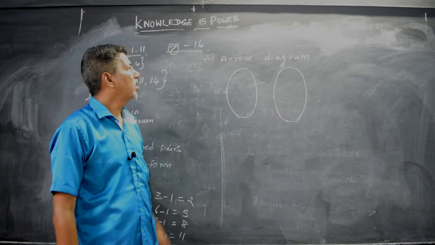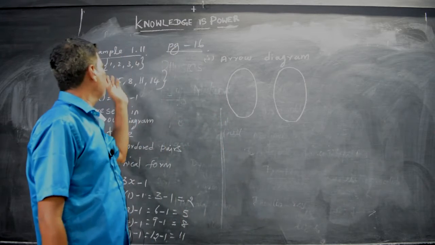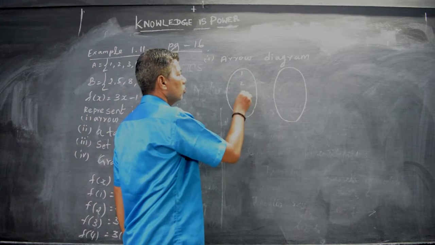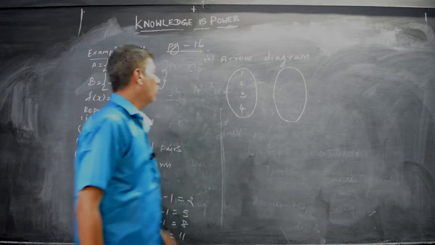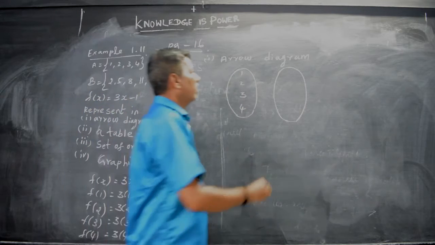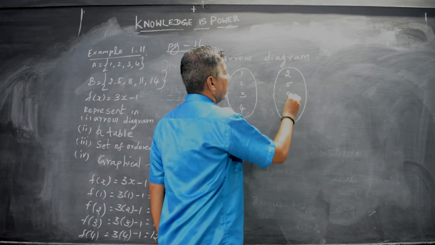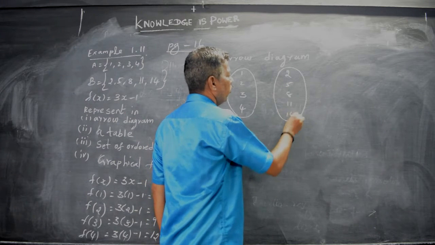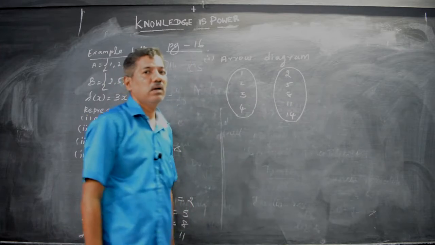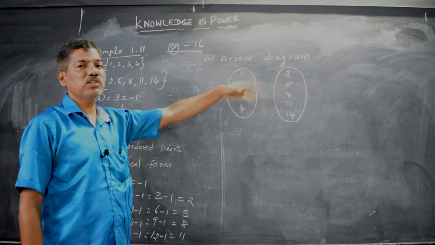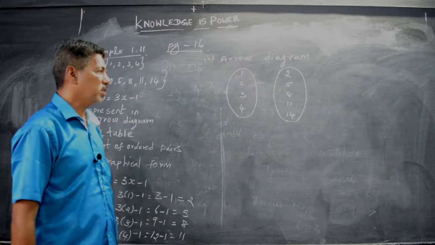Is it clear? What are the numbers in set A? 1, 2, 3, 4. What are the numbers in set B? 2, 5, 8, 11, 14. Now write down all the numbers given in set A and set B.